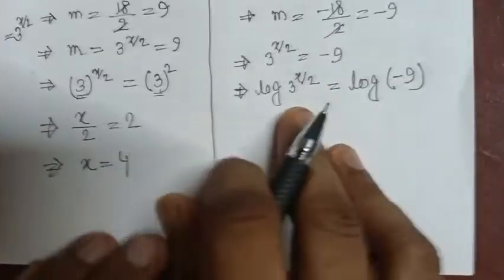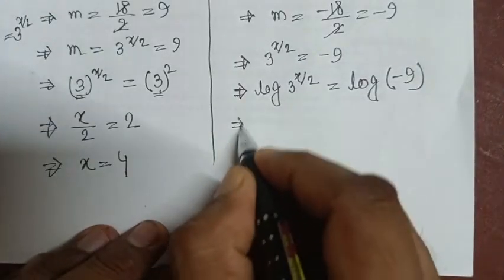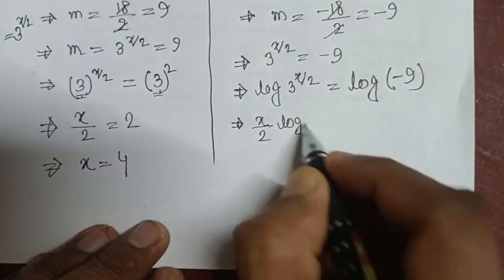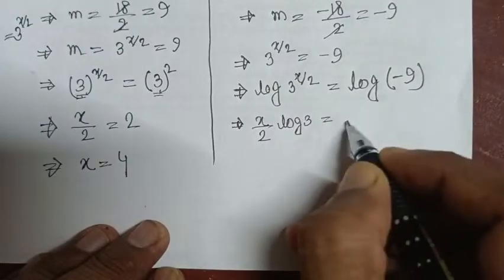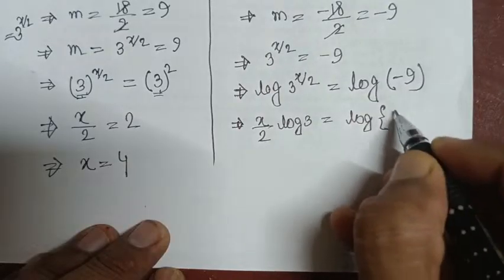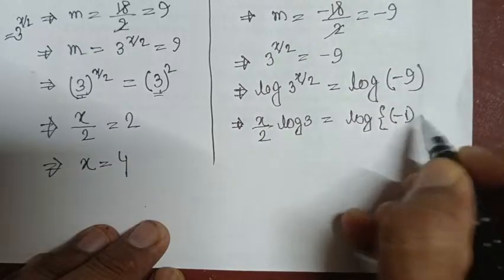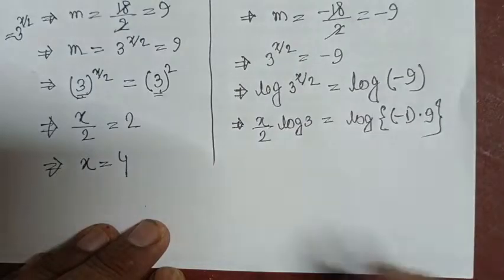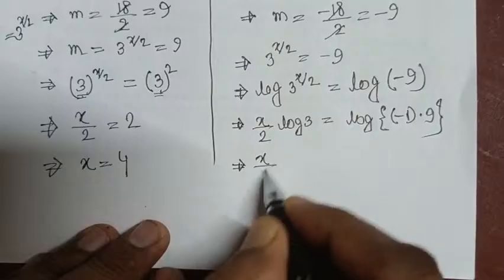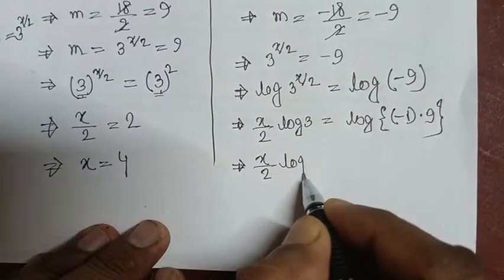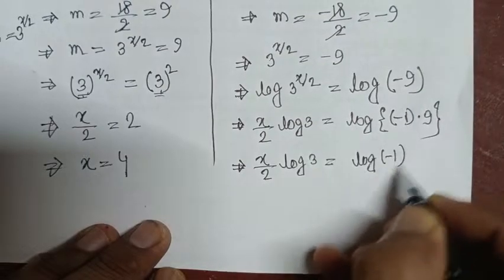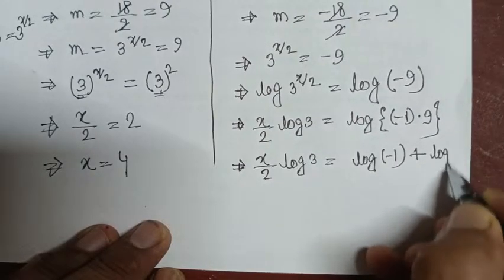Therefore the equation becomes x by 2 log 3 equals log of minus 9. So the equation becomes like this: x by 2 log 3 equals log of minus 1 plus log of 9.